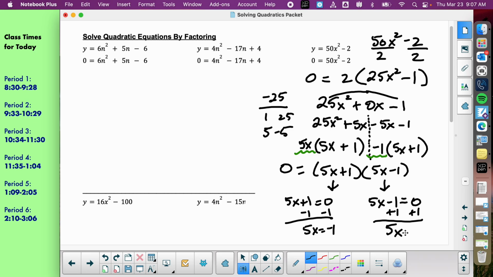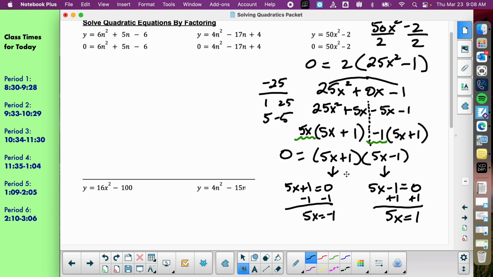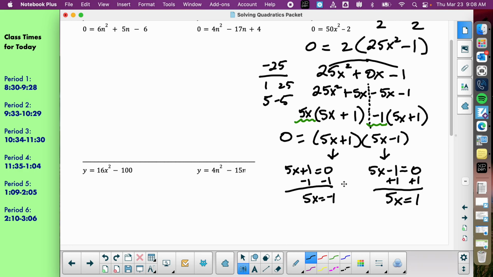Now, I obviously don't have enough room to write a lot of stuff here. Does this work fit on your spot on your paper? Okay, but you write big. Okay, divide by 5. And again, a decimal is totally okay. I don't care how you write the answers. Our goal is just to figure them out.